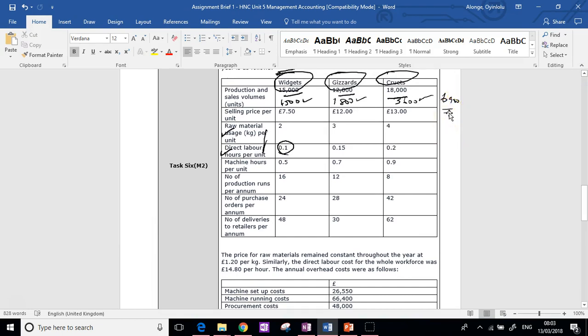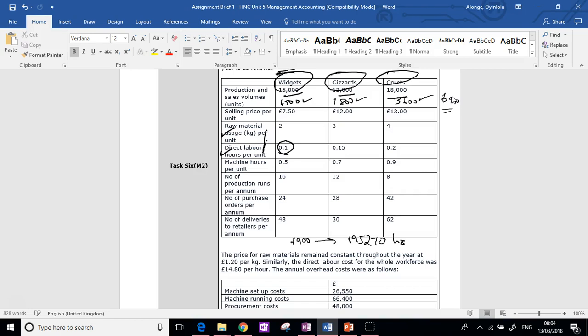So that means that 1 hour is causing 195,270 divided by 6,900. Because what I'm saying is the 6,900 hours is causing the 195,270 pounds.